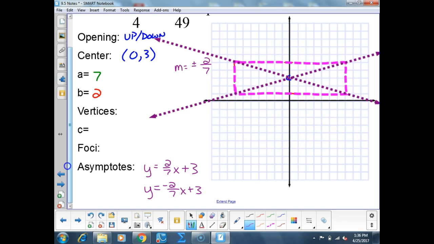Vertices. Since it's up, down, there's one. There's the other. So I have a vertex at 0, 5. Right? 1, 2, 3, 4, 5. Yep. And 0, 1. Draw it in.